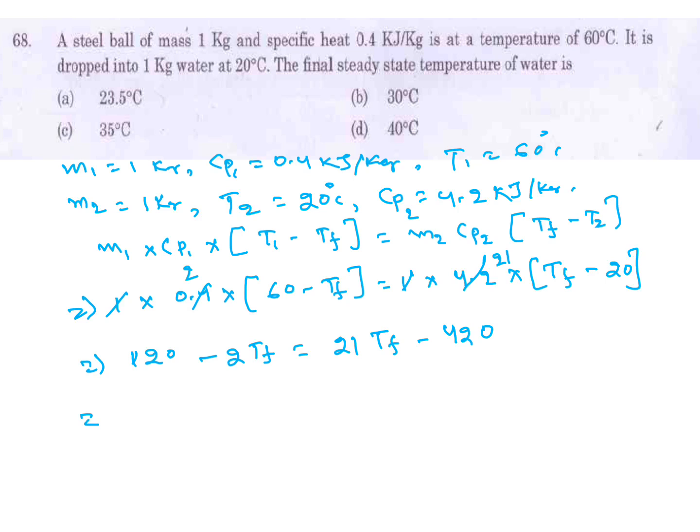So 23 Tf equal to 420 plus 120, it will come 540.